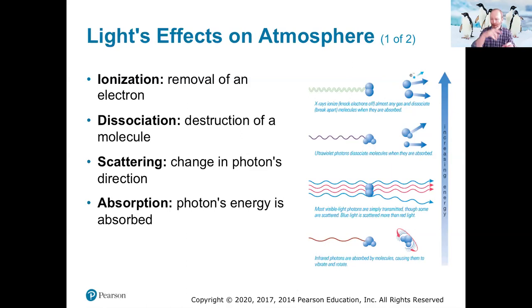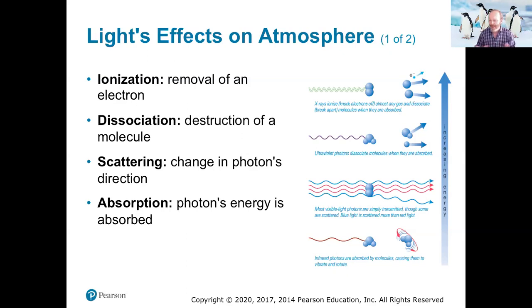Ionization: as a light particle hits a particular atom or molecule, it will strip off an electron. Dissociation is when it comes through and disrupts the molecule altogether. So if you've got H2O and it hits it, it might separate an H, so you'll have a free H floating around, and then an OH over here floating around.